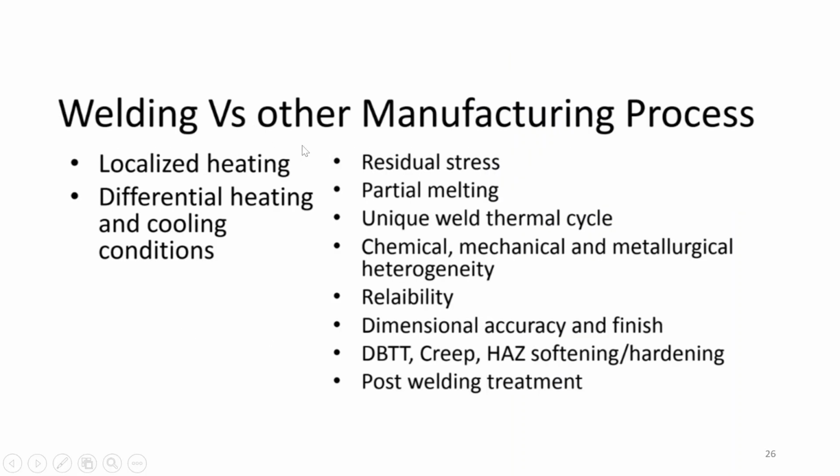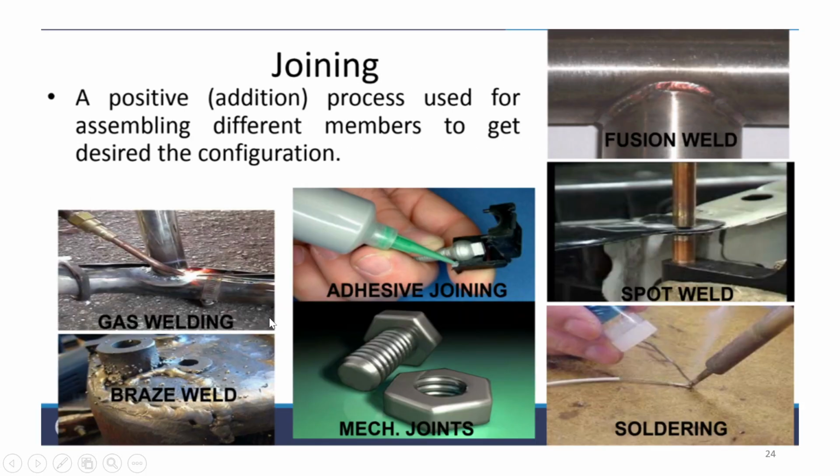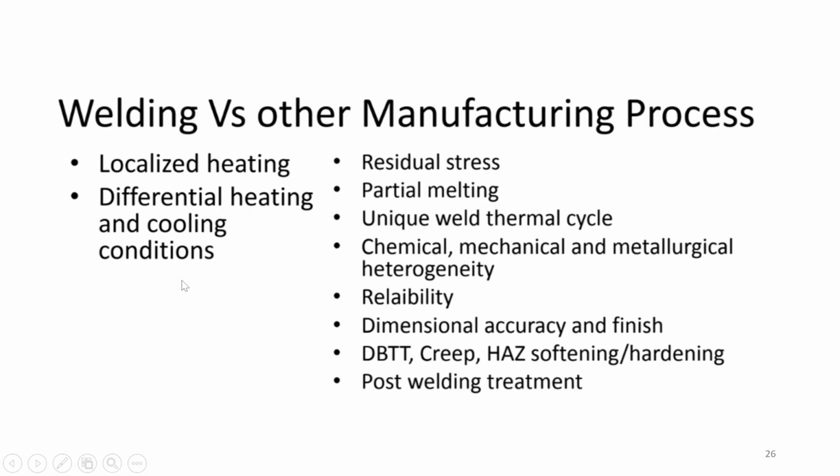Okay, now welding versus other manufacturing processes. In the welding process, there will be localized heating. For example, this particular part will undergo localized heating, so whatever material you are using should sustain that heating. Then there are differential heating and cooling conditions.